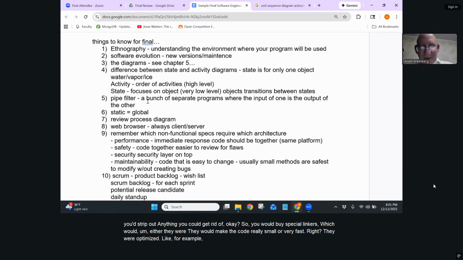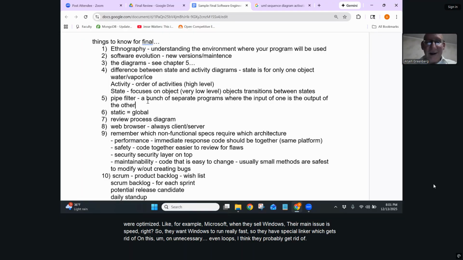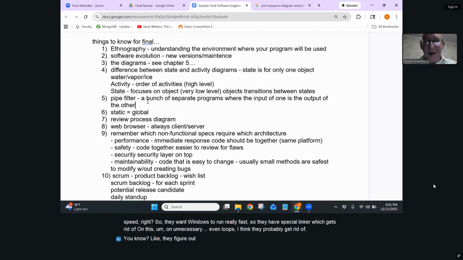For example, when Microsoft sells Windows, their main issue is speed, so they have a special linker which gets rid of unnecessary things, even loops I think. They figure out ways to optimize the code execution, right?